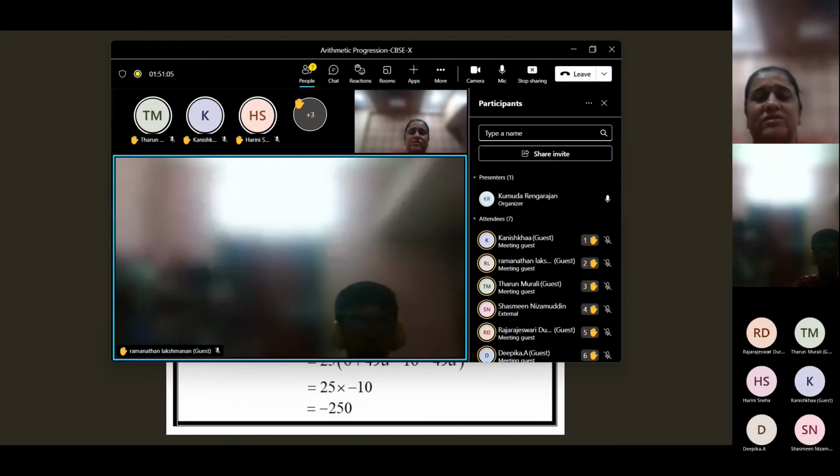There are a few other chapters like this, which you really don't need to revise. You just have to remember the formulae and learn to understand the question. Once in arithmetic progressions, if you understand the question, the answer is almost 90% done. You should just be careful while calculating, while solving.